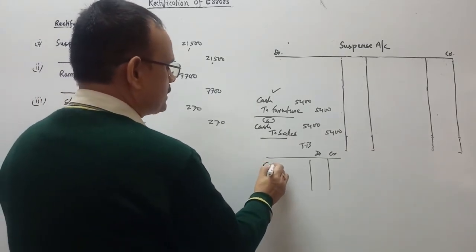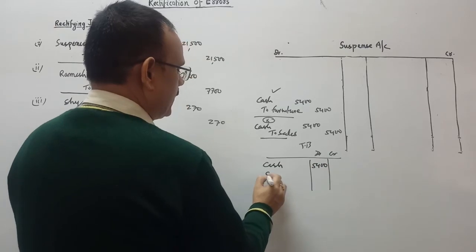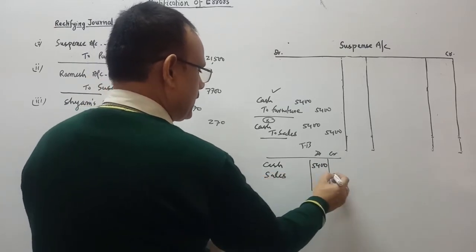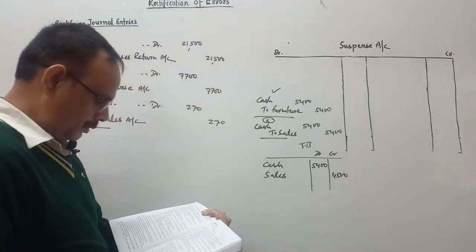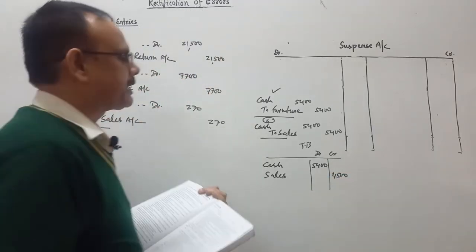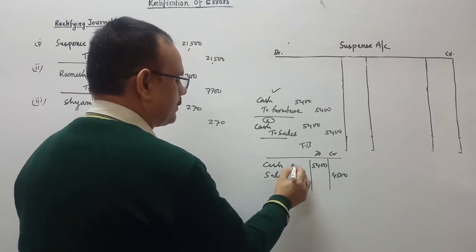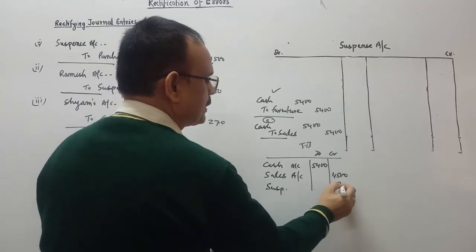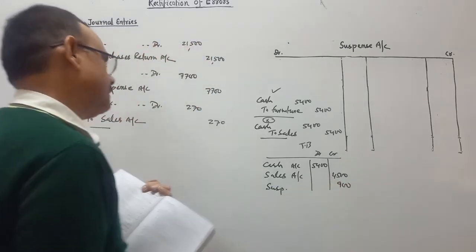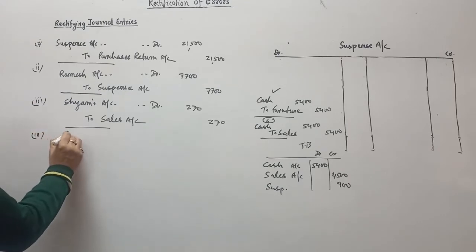So there is no mistake in cash. Cash is correctly debited and sales account is credited by 4,500. Okay, it has been posted in the sales account as 4,500. So the difference will be transferred to the suspense account, 900. So suspense will be debited by us.